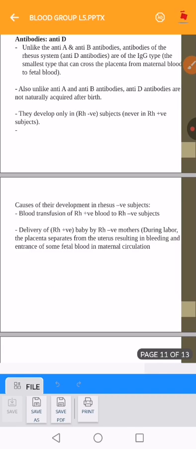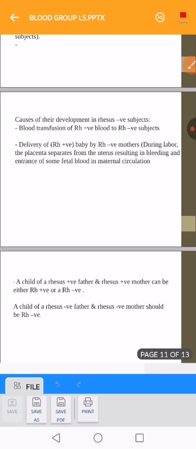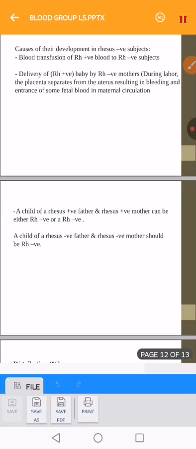So the problem happens in those with rhesus negative. Okay, so the child of a rhesus positive father and rhesus positive mother can be either rhesus positive or rhesus negative. A child with a rhesus negative mother and rhesus negative father should be rhesus negative.